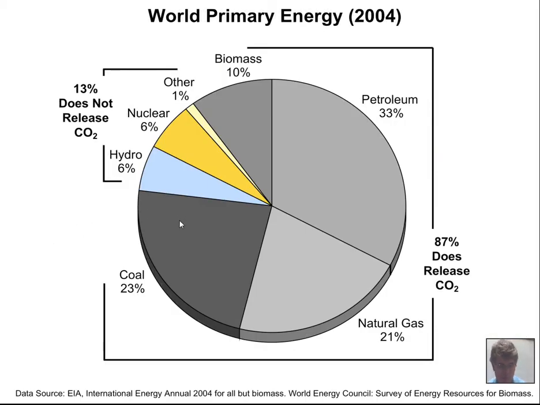And a big part of this carbon dioxide increase is from our use of fossil fuels for energy, coal, natural gas, and oil. If you look at those, that's a big slice of the pie, releasing carbon dioxide. Also, biomass releases carbon dioxide.